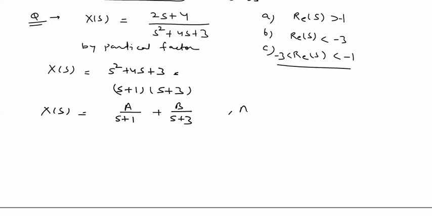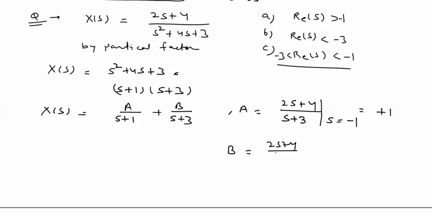For calculation of A we use this idea: (2s plus 4) upon (s plus 3), at s equals minus 1. By putting this value we get the result 1. For B the same method is used, put s equals minus 3, and we get the result plus 1.